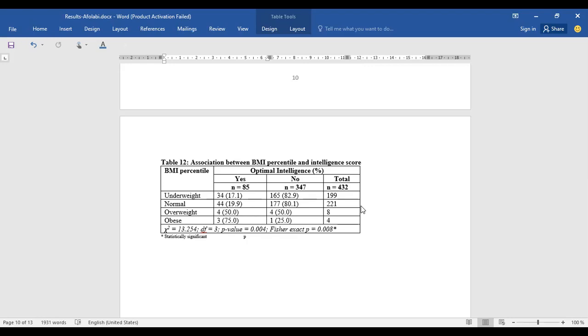So the other thing again here is the Fisher exact p on this table 12. Precisely, why? Because of chi-square. Yeah, I was thinking we can't use chi-square. We're supposed to use chi-square.